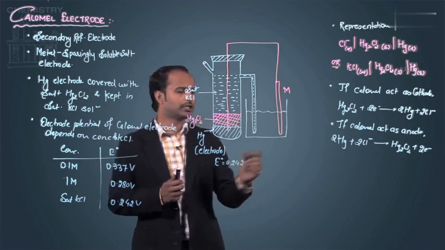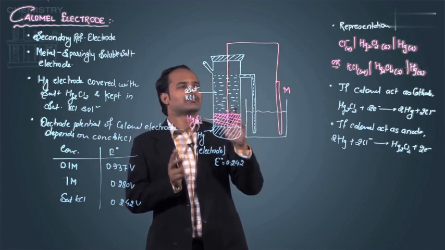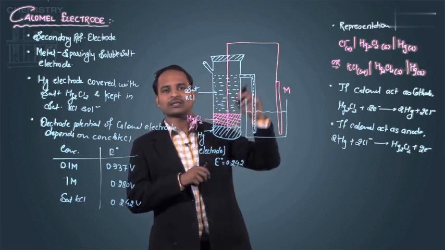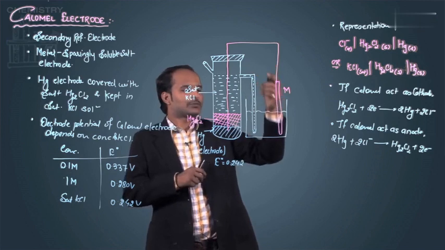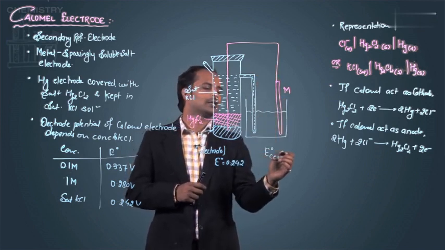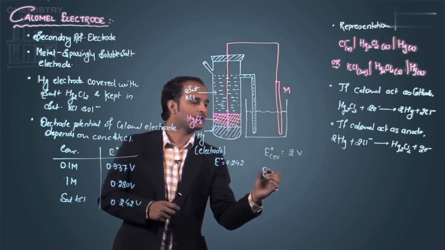Suppose I want to know the value for this electrode. Once the whole thing is set, the reaction will start on its own, some electricity will be generated, and we measure its cell potential. Let E naught cell be 2 volt. I will use a formula to get the electrode potential.